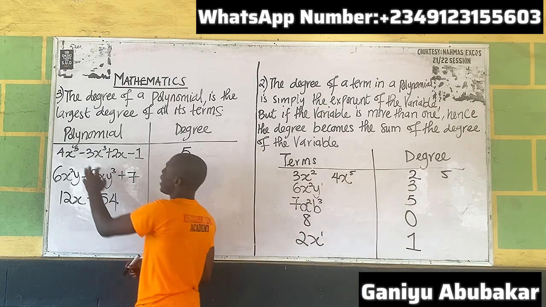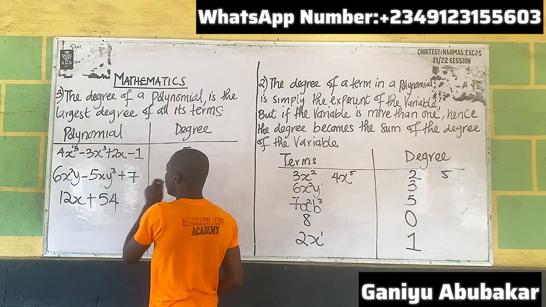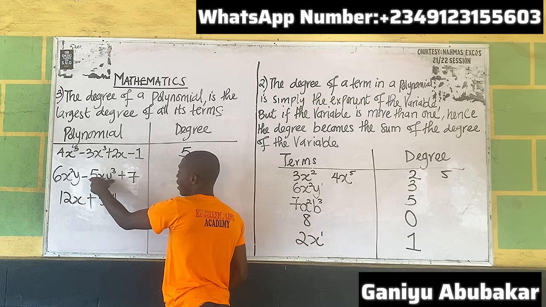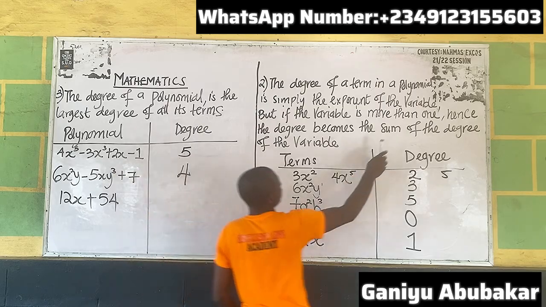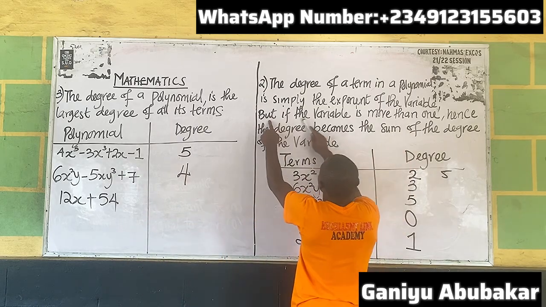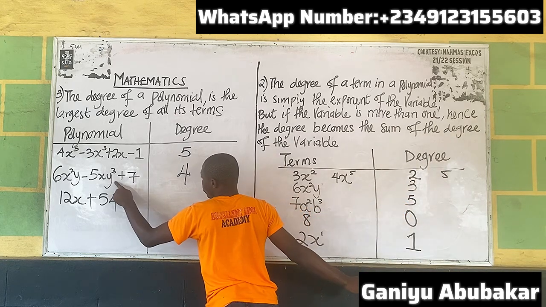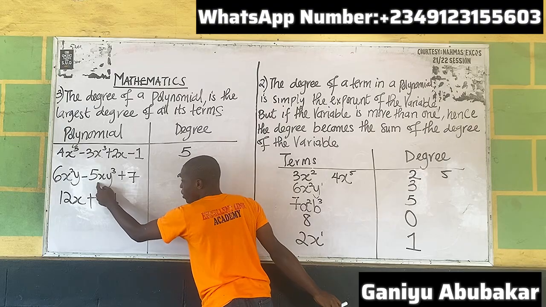Similarly, in this case here, the highest existed here. There are two variables attached to the one with the highest power, so the degree becomes the sum of the powers of the variables. The highest existed in this part, but this part has more than one variable.